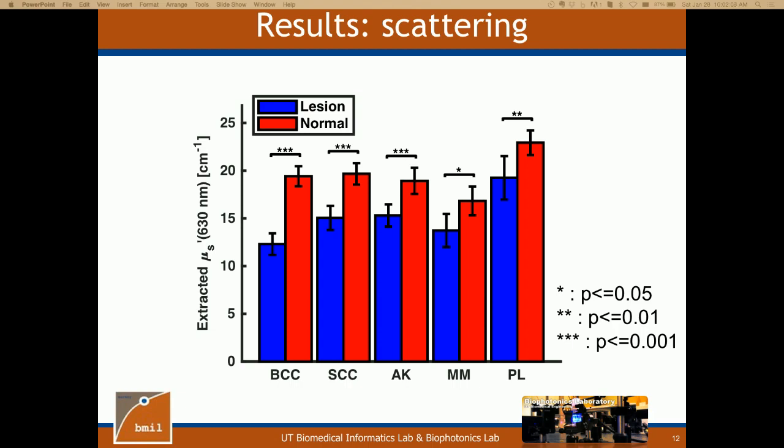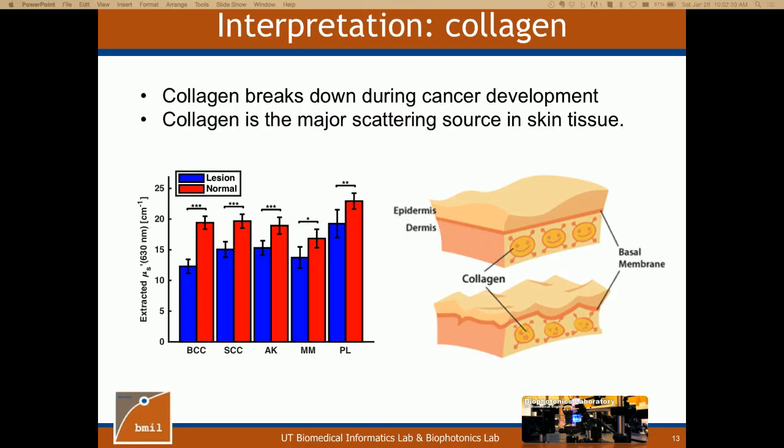As you can see, for all lesions, our results show the lesions have significantly lower scattering coefficient than their corresponding normal skin. The interpretation can be that collagen breaks down during cancer development, and collagen is the main source of scattering in skin tissue.